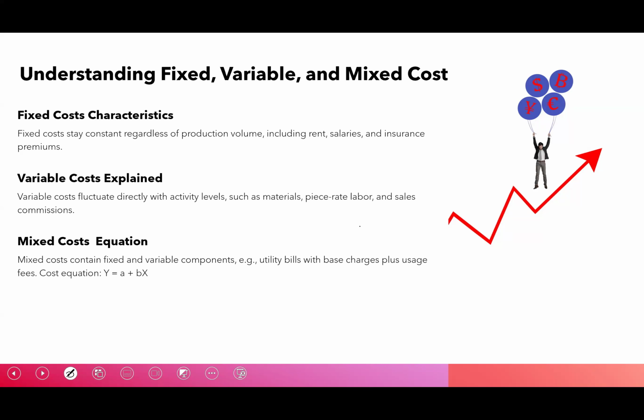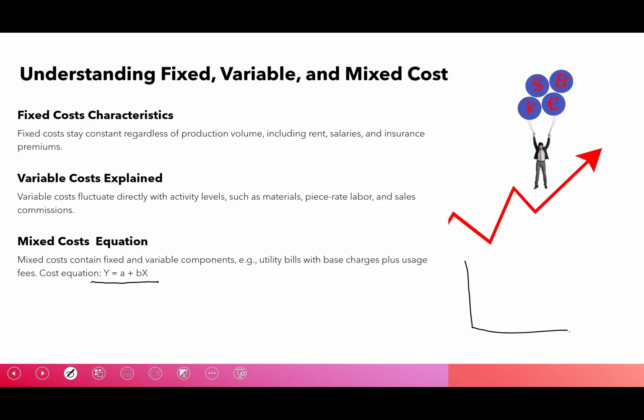So typically the definition of mixed cost is described by what we call the equation of a line. You might have seen y equal to a plus bx or y equal to mx plus c in school or college or in another course somewhere. So basically that is what the cost looks like.